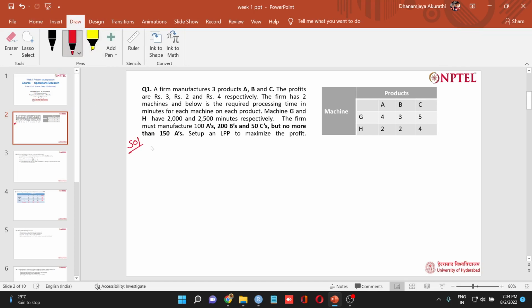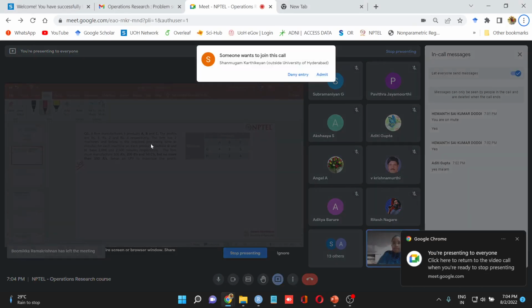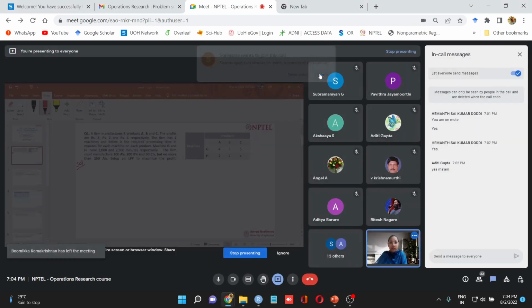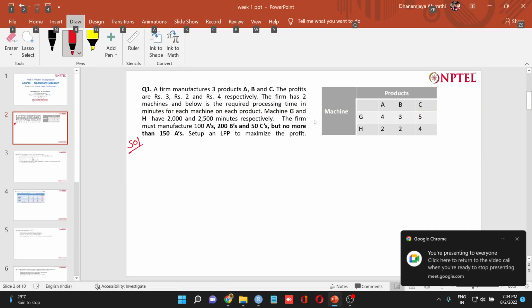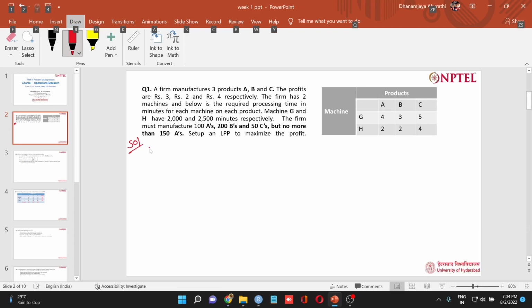Let us suppose x1, x2 and x3 are the three decision variables, the number of products of A's, B's and C's respectively.